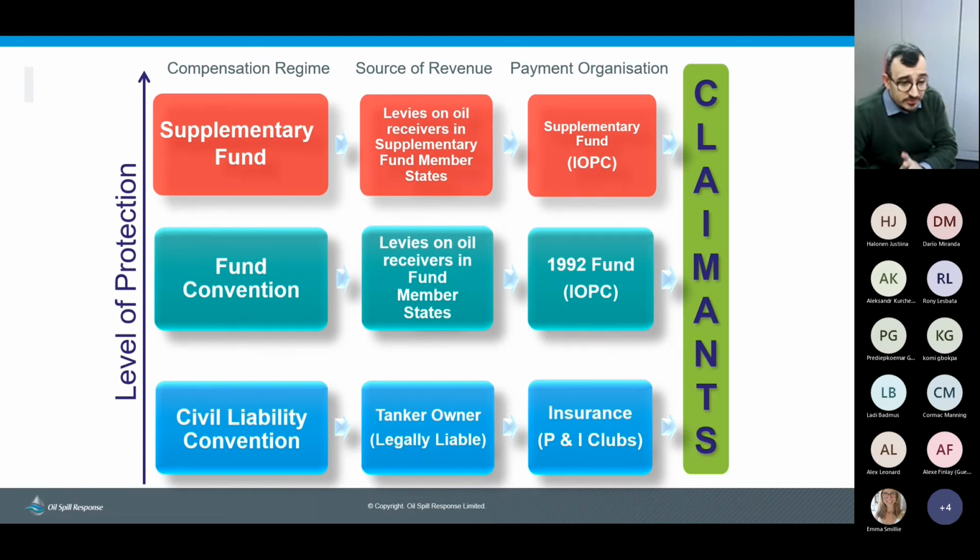This was the 92 fund convention, which is supplementary to the 92 Civil Liability Convention, and establishes a regime for compensating victims when compensation under the CLC, Civil Liability Convention, is not available or not enough. So under certain circumstances, if we run out of funds at this level, there are funds available at the next level up to keep paying for this.